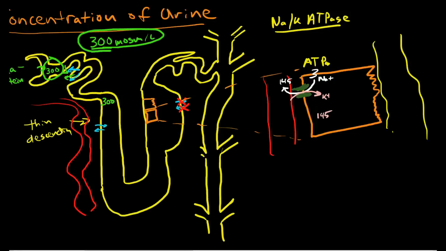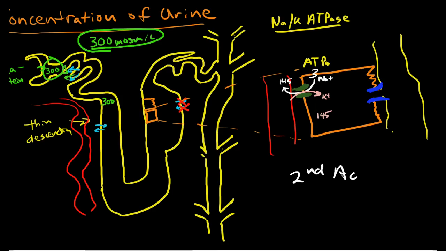Now at the apical surface of the cell, we have what is called the sodium-potassium-chloride cotransporter. This is an example of secondary active transport, right?